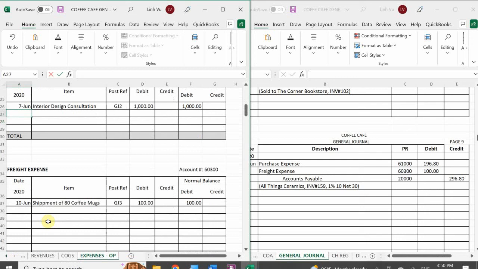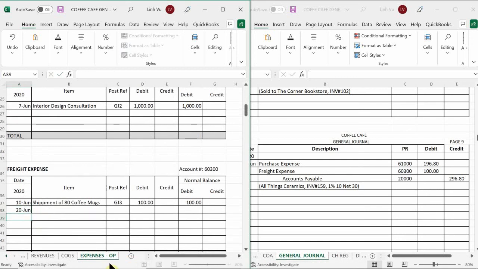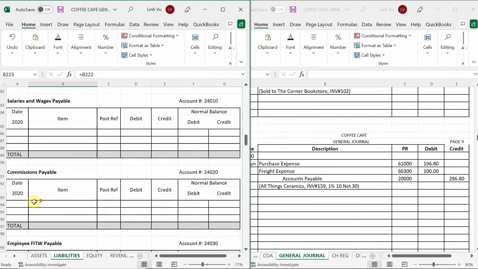Wrong one, sorry, freight expense. Let's see. I just put the invoice number on there. That works too. And 100. Okay, which will give you 200. And then to liabilities. Accounts payable.